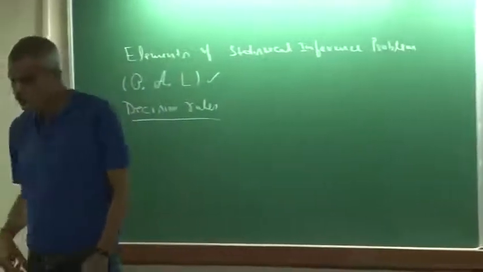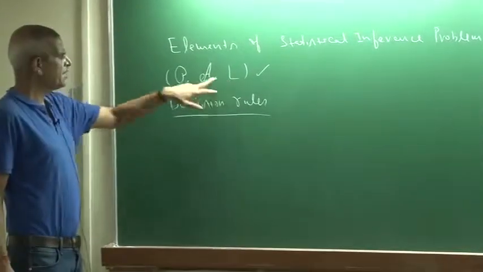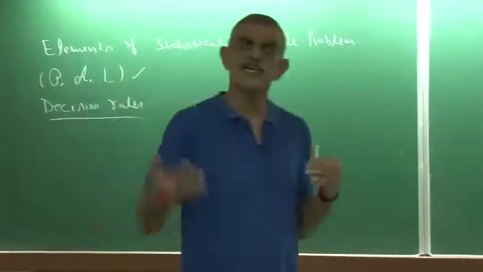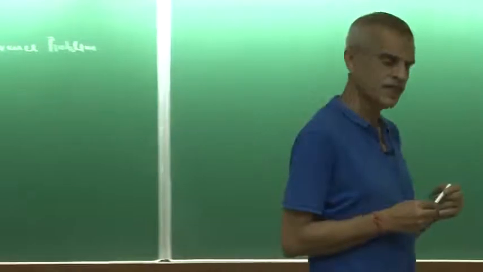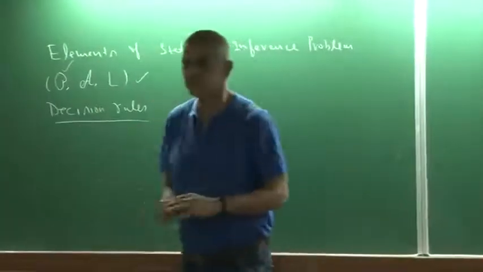Then we realized that the problem with statistical inference problems is that if I consider a general decision problem and consider the class of all general decision rules, it's not possible to find the best decision rule. That is due to the fact that the family of distributions is unknown.